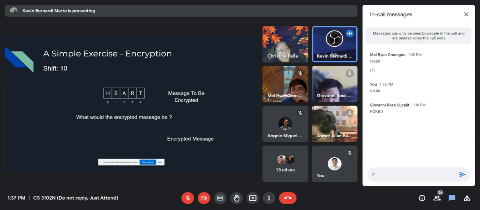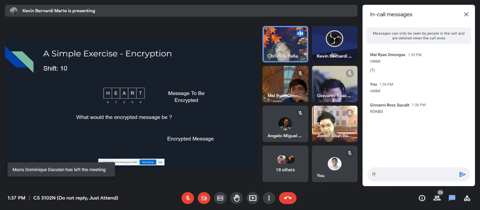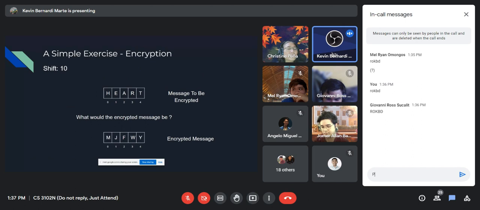So for our message heart, a shift 10 would be this.